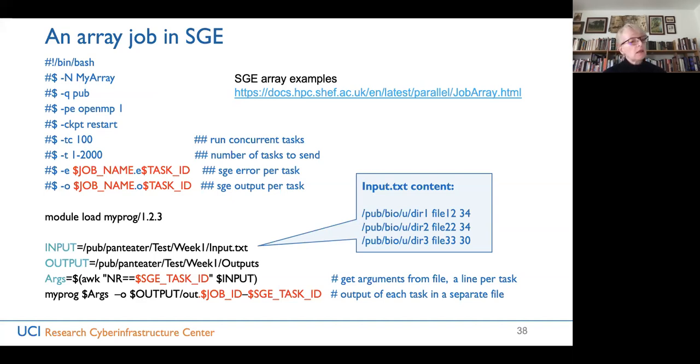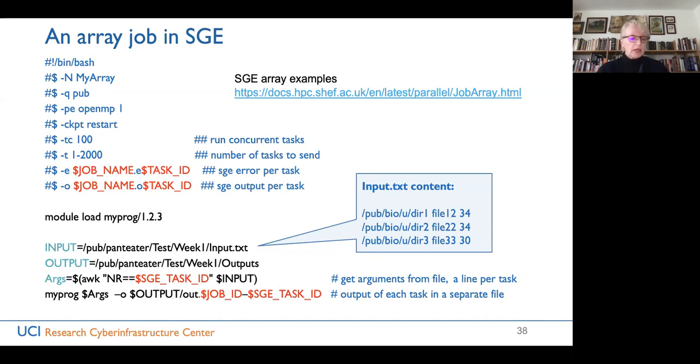And here in the rest of the script is actually what is executed as commands once the job has landed on a particular node. Here I want to load my program module, and then I specify an input file. And because I want to run an array job and my program requires, let's say, just 3 arguments on the command line, and for each job I want different arguments, I created this file a priori.